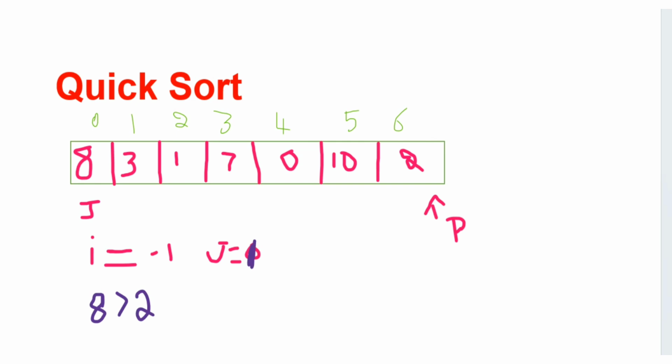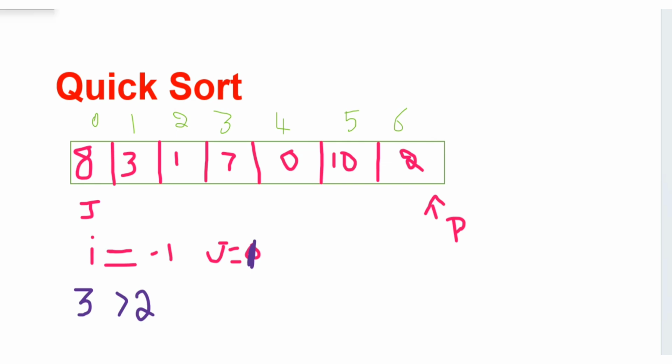Now j is 0. First, I need to compare j with the pivot element. We need to increment j by 1. Now j becomes 1. Next, we need to compare 3 with 2. 3 is greater than 2? Yes.